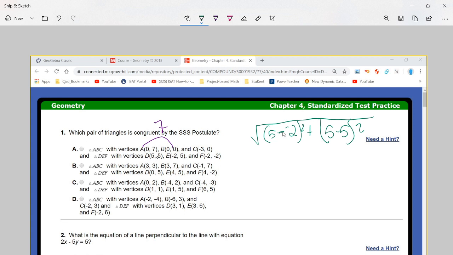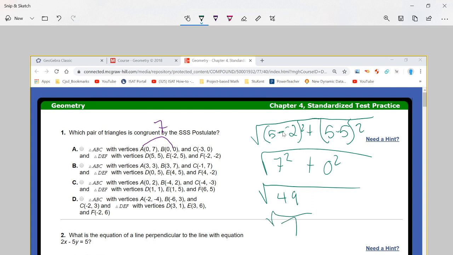I immediately see that these are both on the line y equals 5, and they're just 5 and 2 units apart. So 5 minus negative 2 is the same thing as 5 plus 2, so this is 7 squared, and this is 0 squared, right? And that all works out to 49, and then take the square root and we get 7. So this is also 7, so that's good. So we can see that AB equals DE.